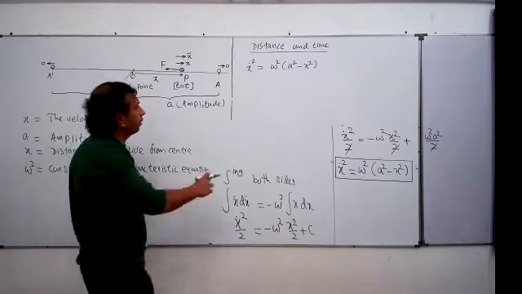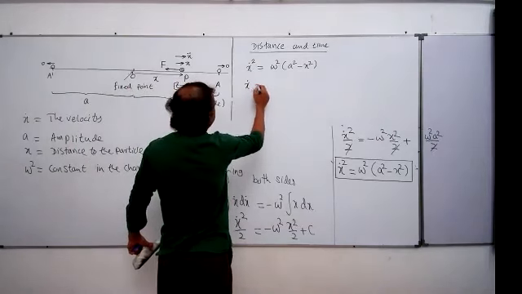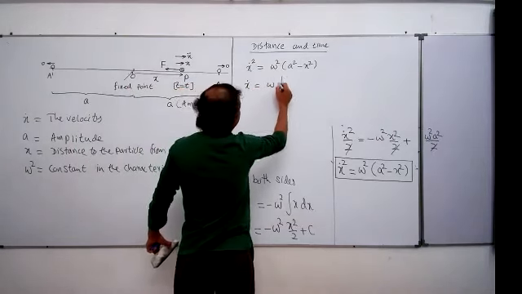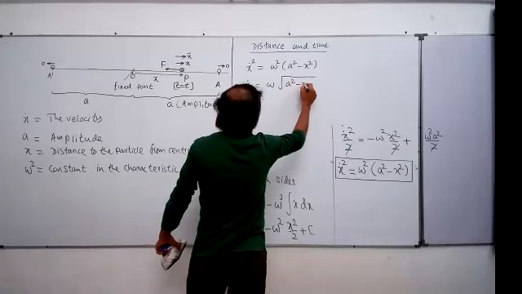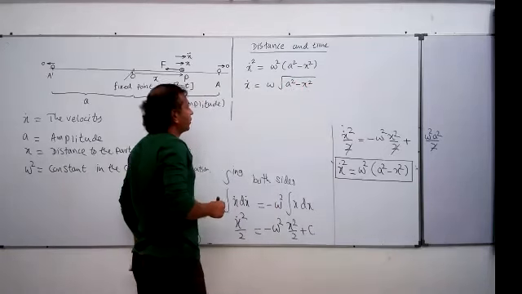You can take the square root of this, so x dot equals omega times the root.